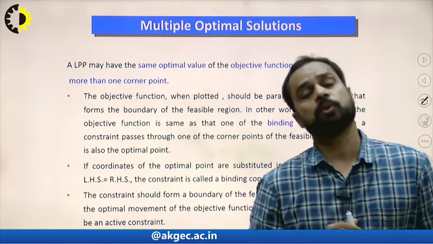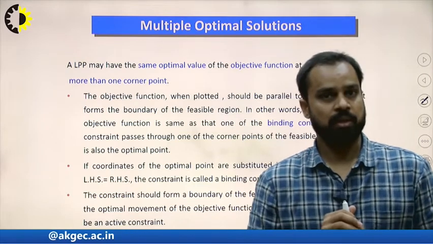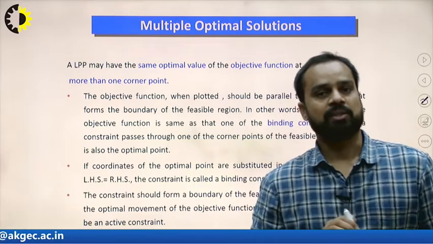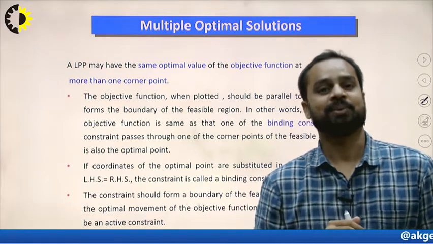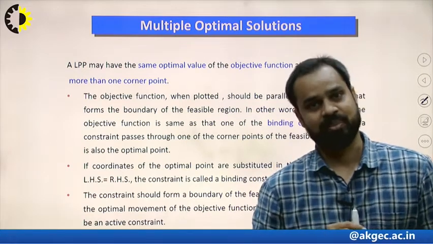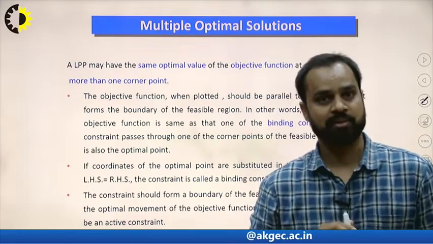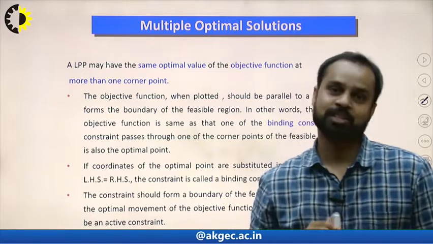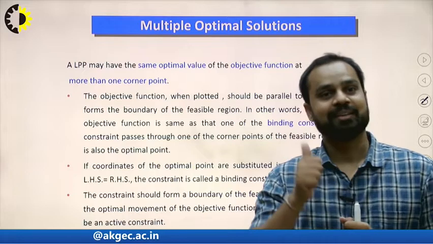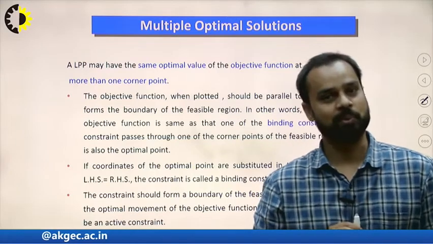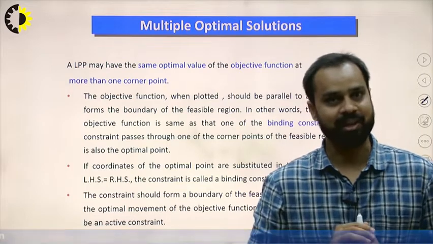If the slope of the objective function is the same as the slope of any constraint, then that constraint is known as the binding constraint. If that binding constraint forms the boundary of the feasible region, that is, the line is parallel to the objective function line, then the problem has multiple optimal solutions, and we can say so before starting, right?